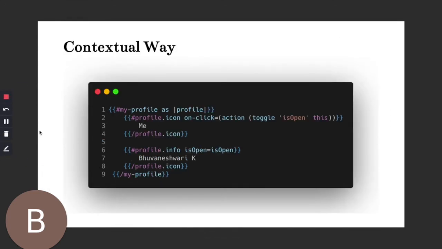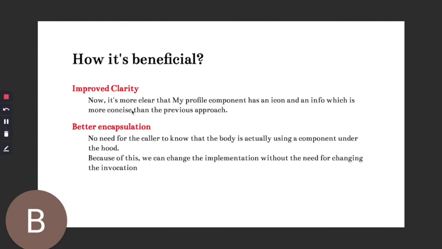So our final solution of our contextual components will be like this. We have a yielded property profile and call our inner components with it as profile.icon and profile.info. The problems in our native solution have all turned into benefits of our contextual solution.